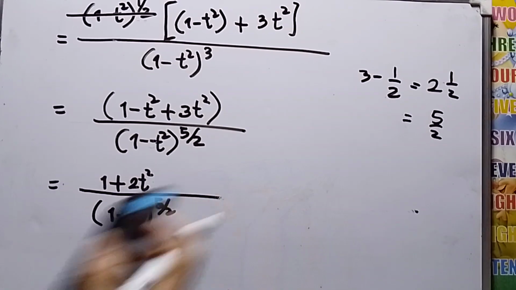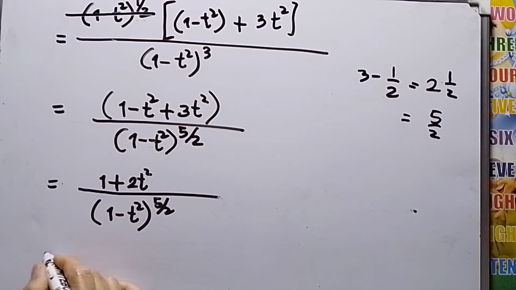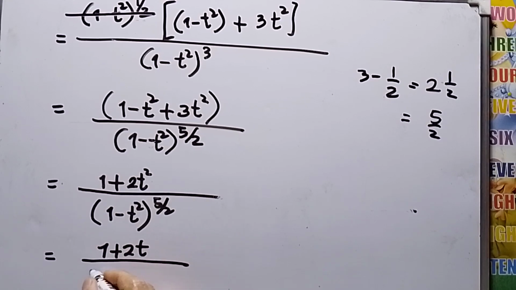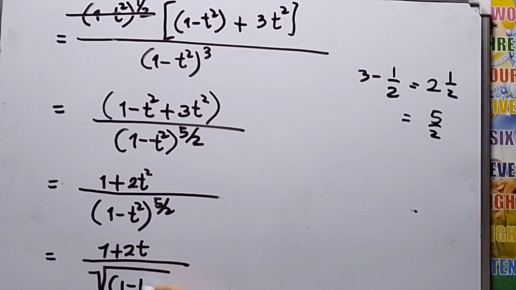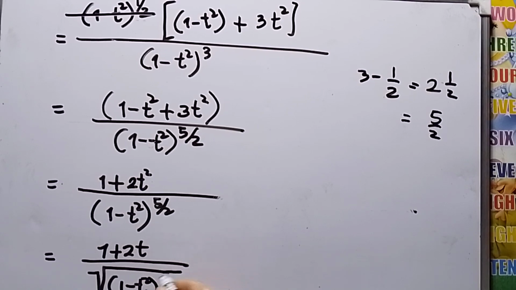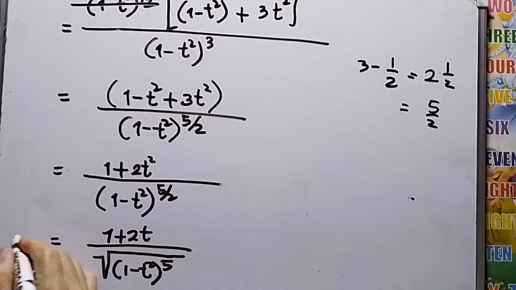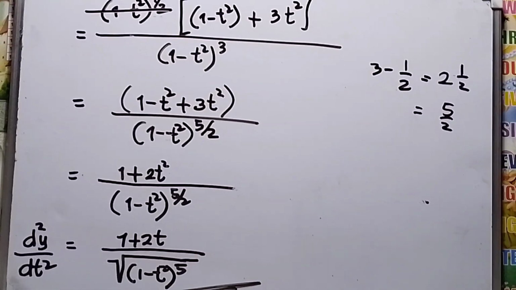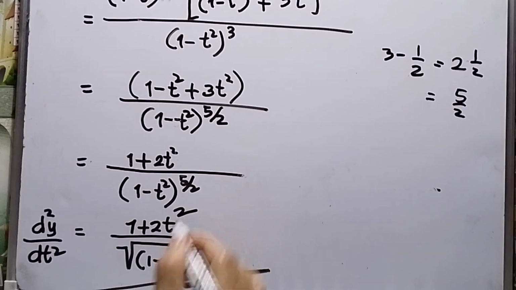And then the final answer, to make it radical, this will be 1 plus 2t squared over square root of 1 minus t squared raised to the 5th power. So this is my second derivative, d2y over dt squared. So this is my final answer. And that's all.